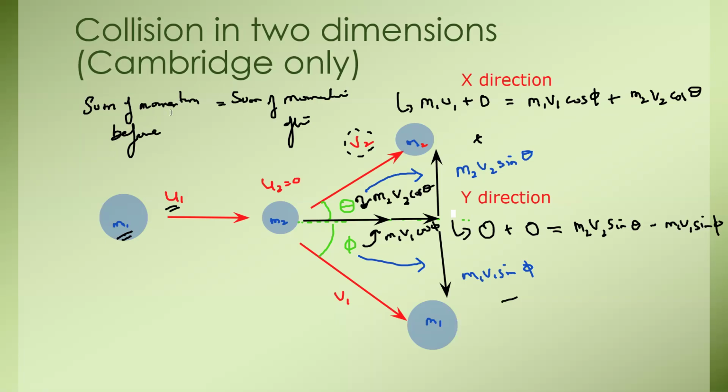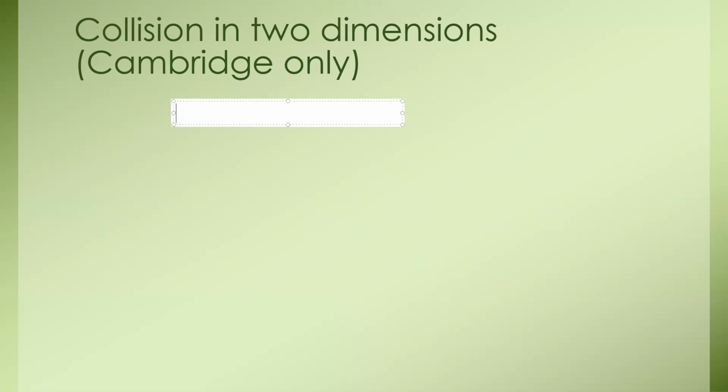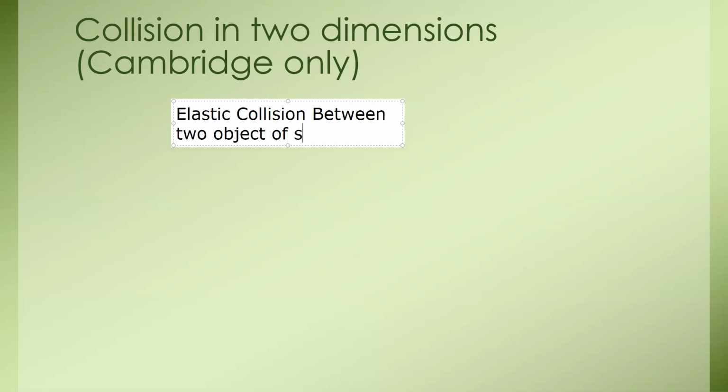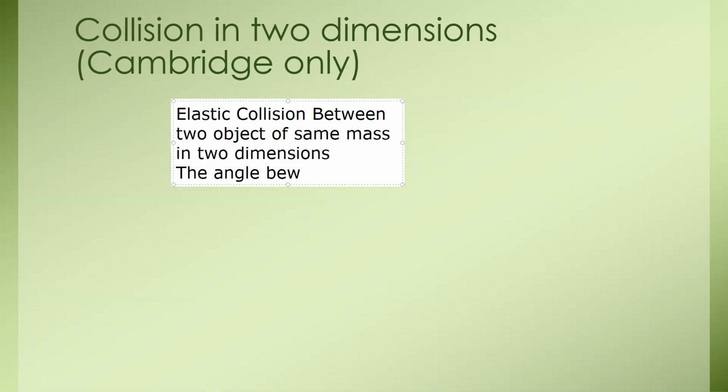And when there's an elastic collision between two objects of the same mass in 2 dimensions, the angle between the final momentums will be 90.